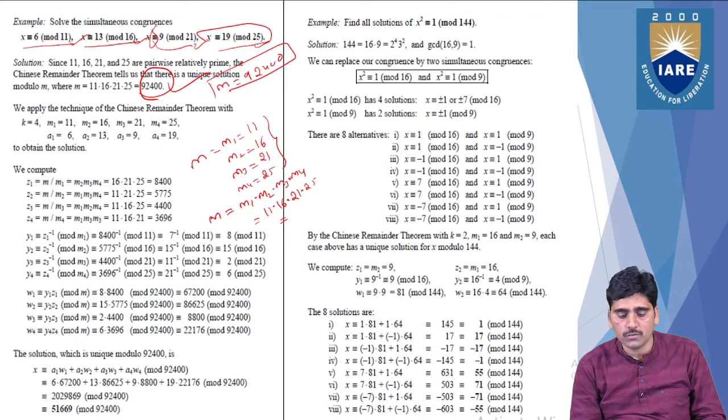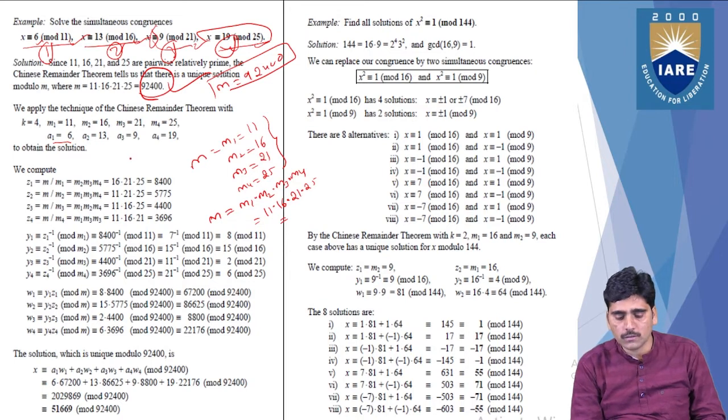Now the M value is obtained, and what is the k value? k equals 4, because this is 1, this is 2, this is 3, and this is 4, right? So k equals 4. Now you know the M1, M2, M3, M4 values. With the help of them, you can see A1 value is 6.